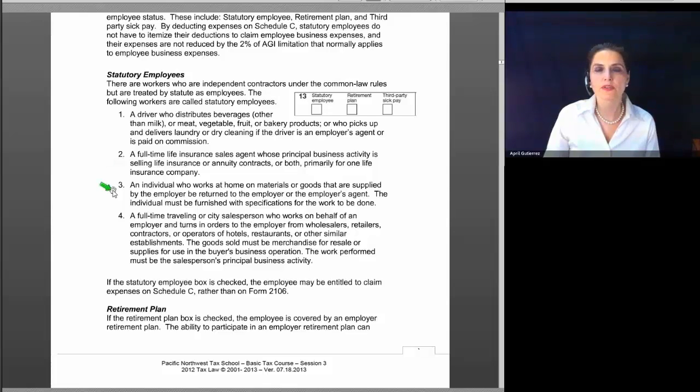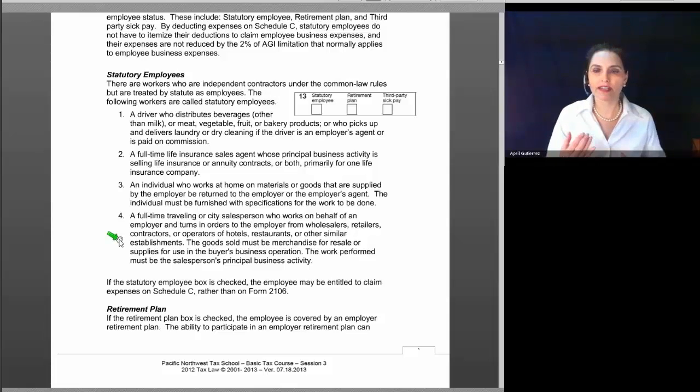Also, an individual who works from home on materials or goods that are supplied by the employer. That could be a person who is a statutory employee. And finally, a full-time traveling or city salesperson who works on behalf of an employer and turns in orders to the employer from wholesalers, retailers, contractors, or operators of hotels.